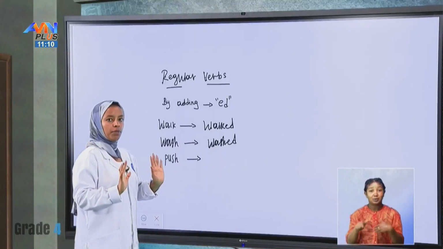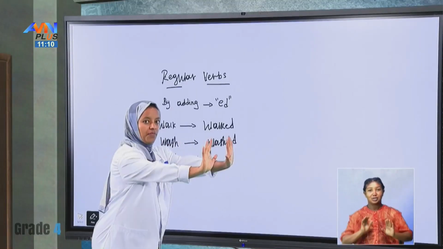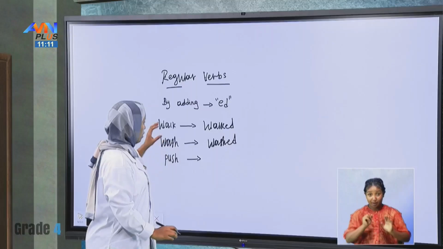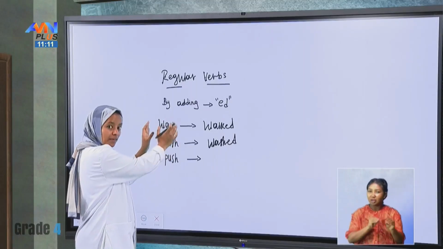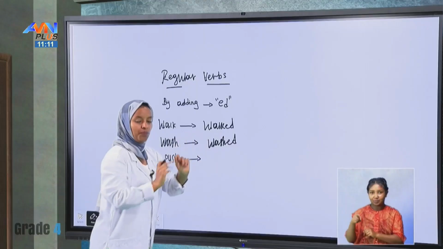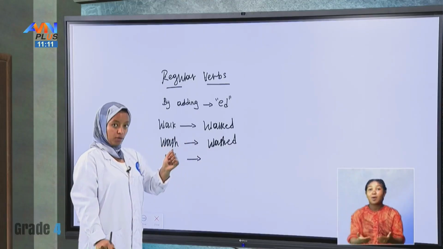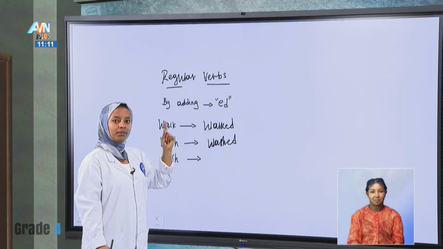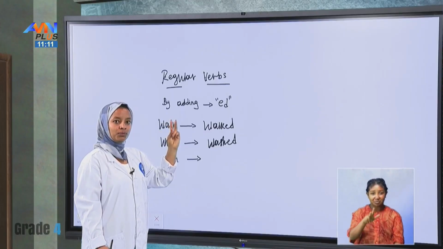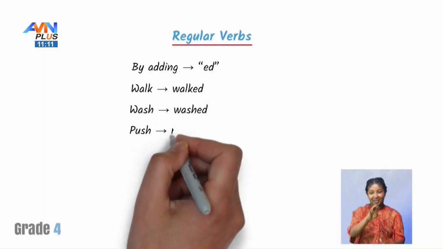When we say push, like pushing something, this is the action. So these are all actions, these are all main verbs. So pushed, let me give you time to add ed easily. 1, 2, 3. Bravo. Pushed.